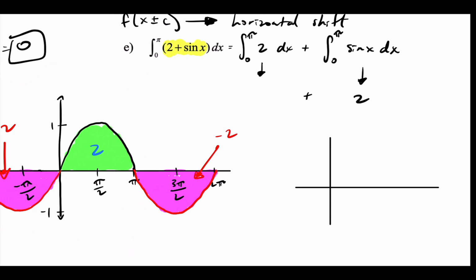It's going to be from 0, pi over 2, pi, 1, 2. It's going to start here, and it's going to be here. It's above the x-axis, so it's going to be positive.